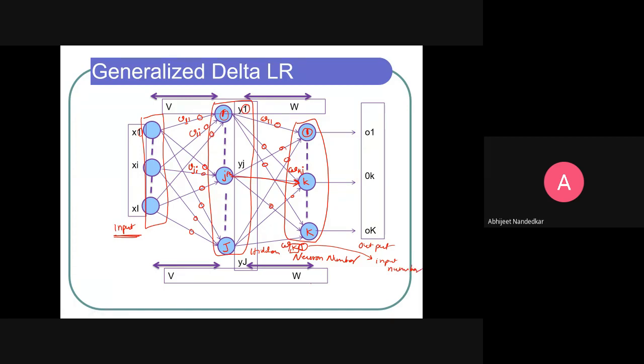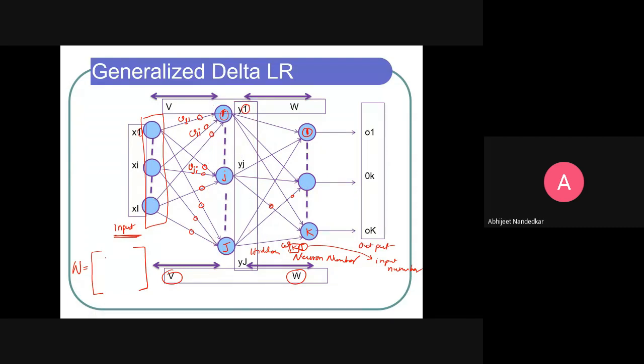Okay, now when I collect all these weights associated with each neuron, then the collection of these weights is called a weight matrix. So how do I write? Suppose I take the weight matrix for connections between hidden neurons and output neurons.